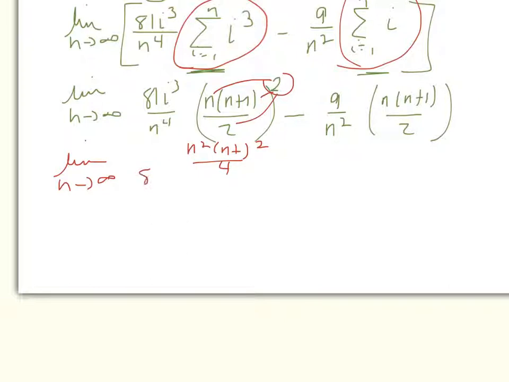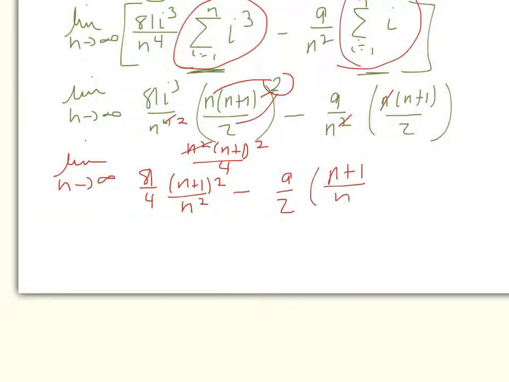The 81 over 4 won't reduce, but this n to the fourth here can go to n squared with that n squared, leaving me n plus 1 squared over n squared. And then minus, and same thing here, I have this 9 over 2 out front, and this n squared can cancel with that n, so then I'm just left with n plus 1 over n.